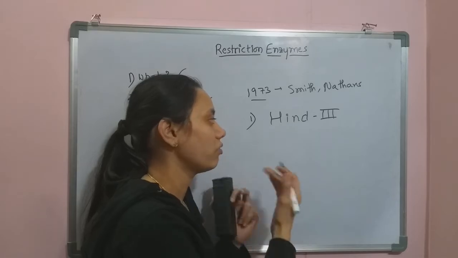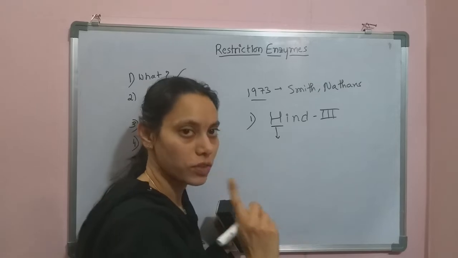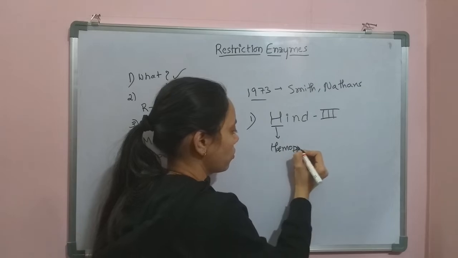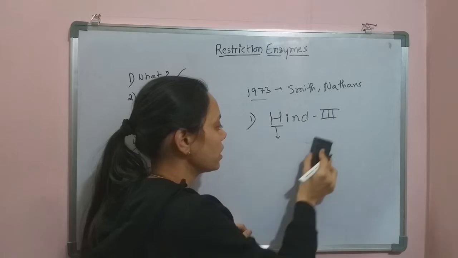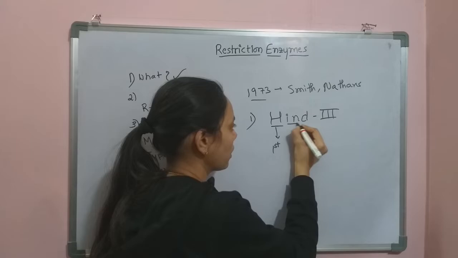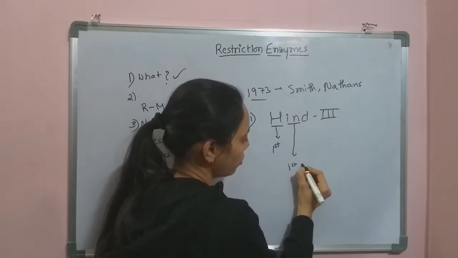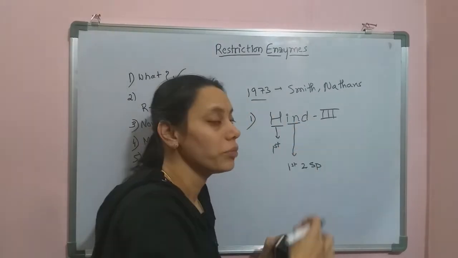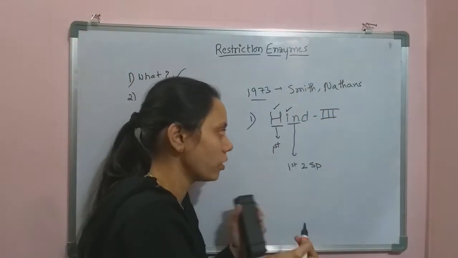So how do we name HindIII? H stands for the first letter of the genus, that is Haemophilus, and the I and N stand for the first two letters of the species, influenzae.